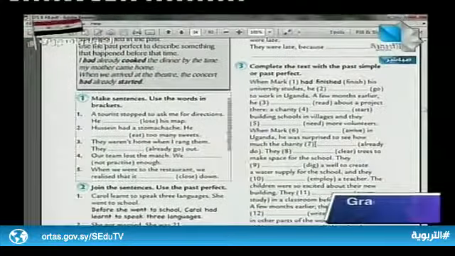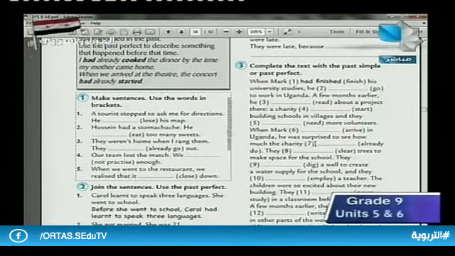Now, when we feel that there is an action which happened earlier or before, we need to use the past perfect. That's it. Yes. When Mark had finished his university studies, he went to work in Uganda. Of course, he had finished, then he went to Uganda.